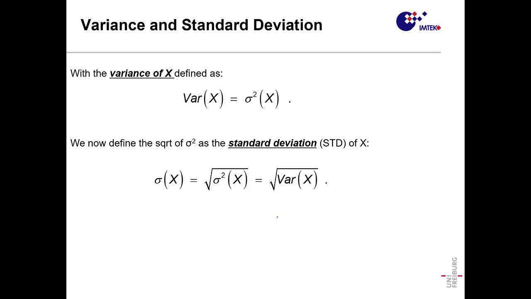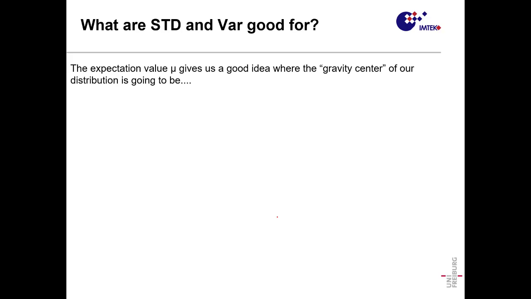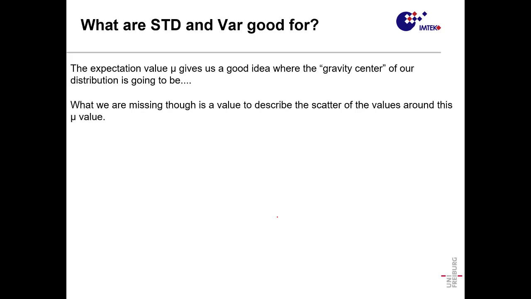Okay? Good. So, what are the standard deviation and the variance good for? The expected value is at the gravity center where the distribution sits, and then it fluctuates from that to the other.